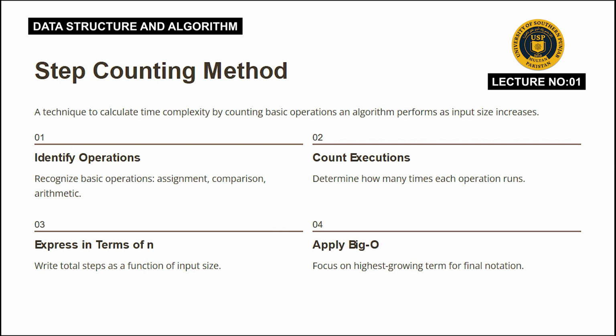The first step is to identify the basic operations like assignment, comparison, and arithmetic. The second step is to count how many times each operation runs. The third is to write the total steps as a function of input size, and the last is to focus on the highest growing term, Big O notation.